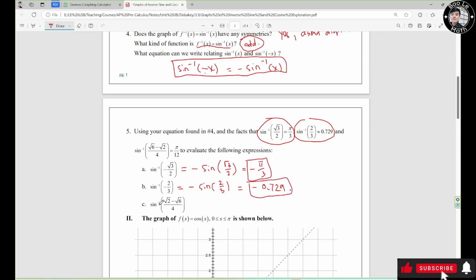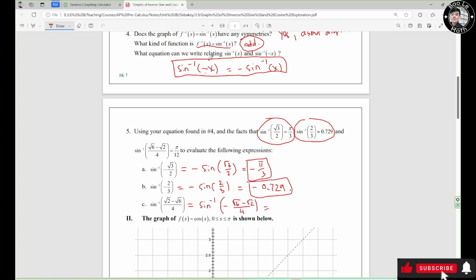Now question C. Sine inverse of this one is the same thing as sine inverse of... Now I look at this one, I see that root 6 minus root 2. This guy is root 2 minus root 6. So if I factor negative 1 out, it turns out to be negative of root 6 minus root 2, over 4, right?